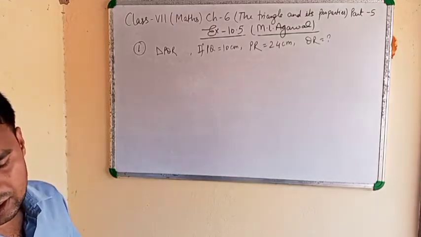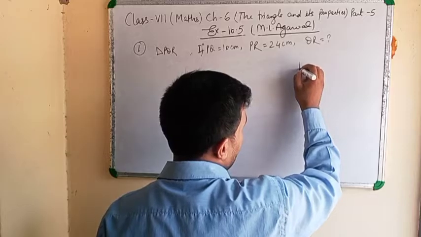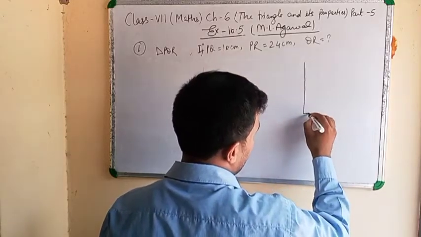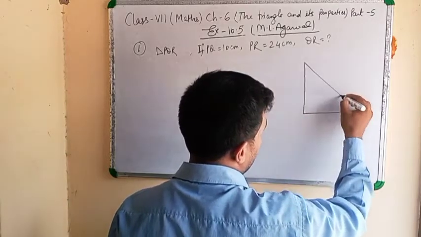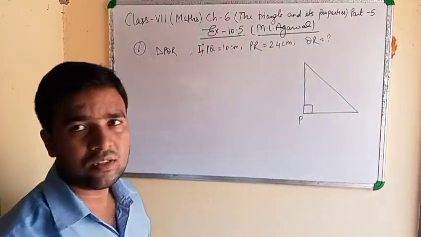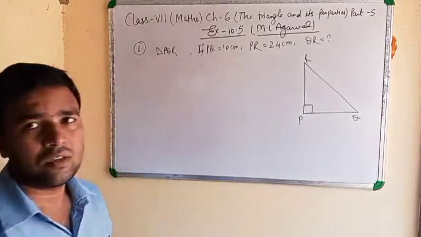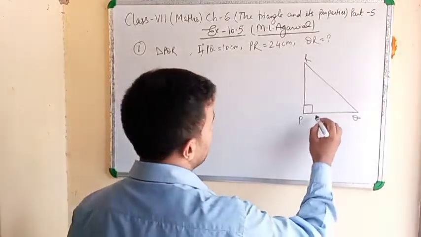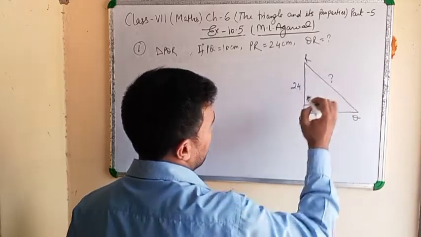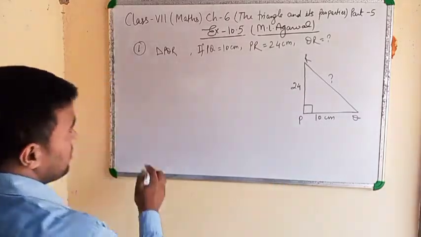The triangle is right-angled at P. First of all, we will make a figure. 90 degrees at point P. PQR: put the values, PQ 10, PR 24, QR we will find. So it is the hypotenuse.